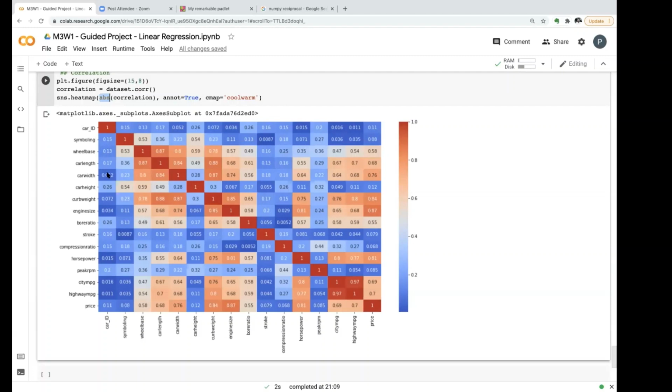What matters is whatever area the car takes. So we'll create another variable, area, and that will replace both car length and car width. Do you understand?